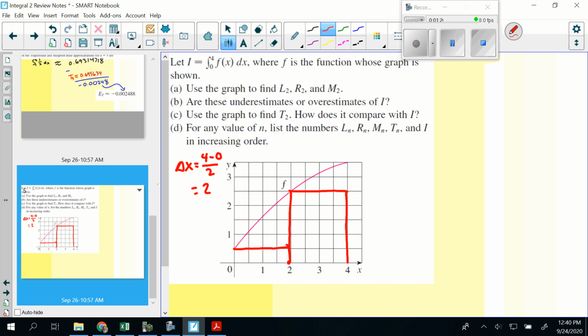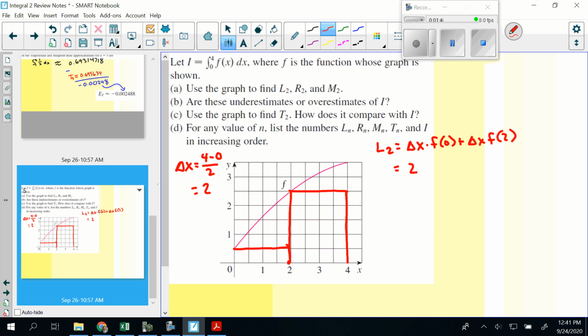So our L2 approximation here is going to be our change in x, which would be 2, times the function values. So that'd be the function value at 0, plus our change in x times the function value at 2. And we know that our change in x ends up being 2.